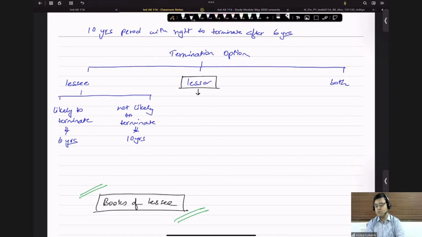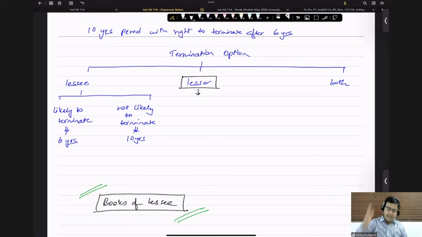So now here also you should be in a position to tell whether it will be 6 years or 10 years. On the first day, I have to recognize the lease liability. Should I take it as 6 years? Should I take it as 10 years? Yes, Srishti is saying 10 years. Shailendra is saying 10 years. It has to be 10 years.